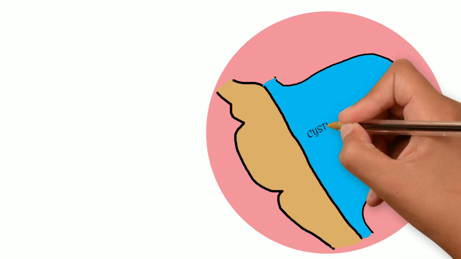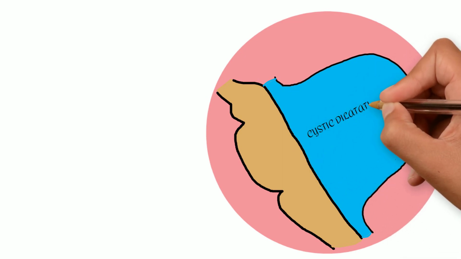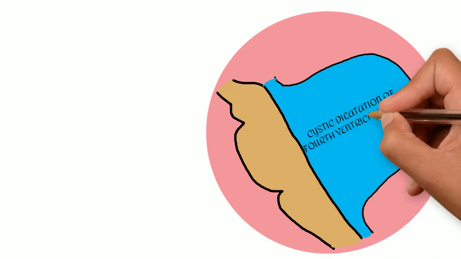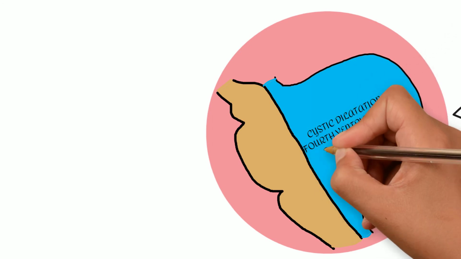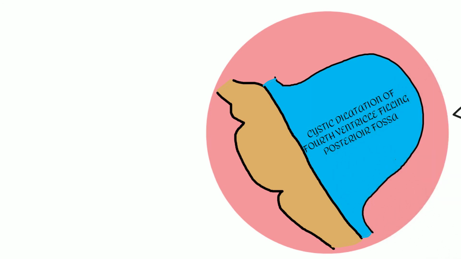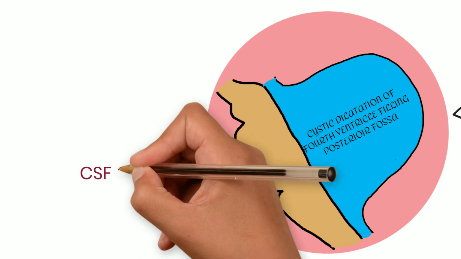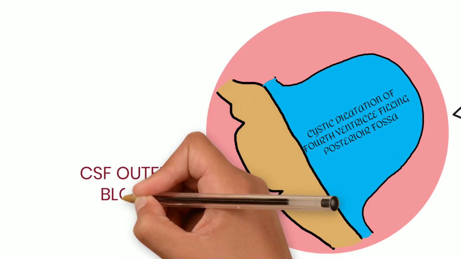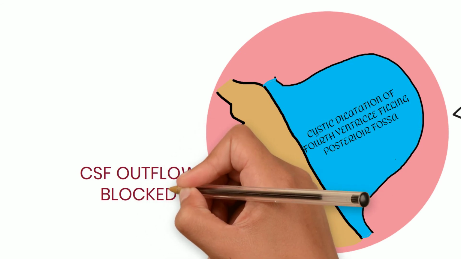So that results in cystic dilatation of the fourth ventricle, filling almost the entire posterior fossa. And this causes cerebellar vermis hypoplasia. But hydrocephalus is due to atretic foramina of Magendie and Luschka, thereby resulting in CSF outflow obstruction.